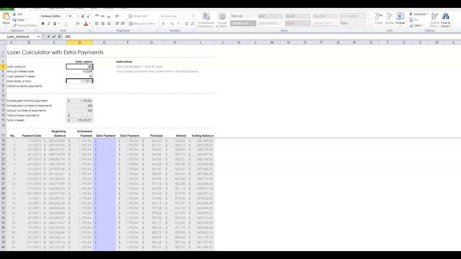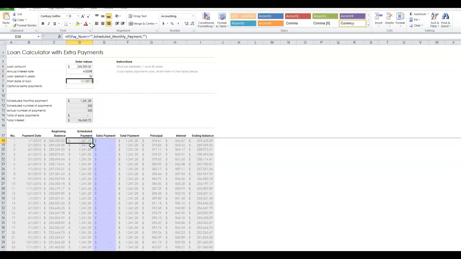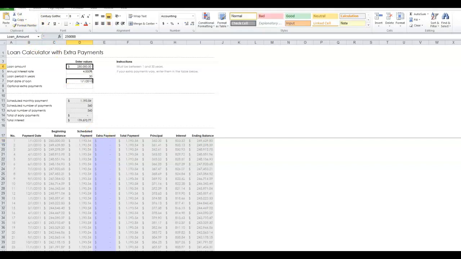So let's increase the price, $260,000. The net effect on our payment was just about $50, from $1,241 to $1,193. $45, $48. So that's the difference $10,000 makes. A little less than $50 a month in a payment.